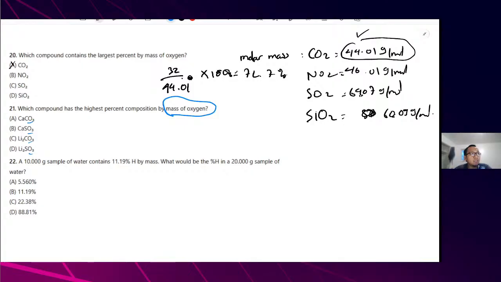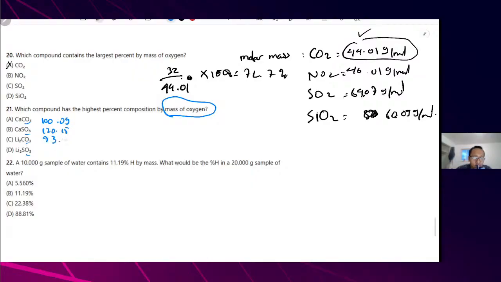All right, let's break it down one by one. For the first one, CaCO3, the molar mass I already calculated is 100.09. For CaSO3, 120.5. For lithium carbonate, it is 73.89. And the last one is 91.95.